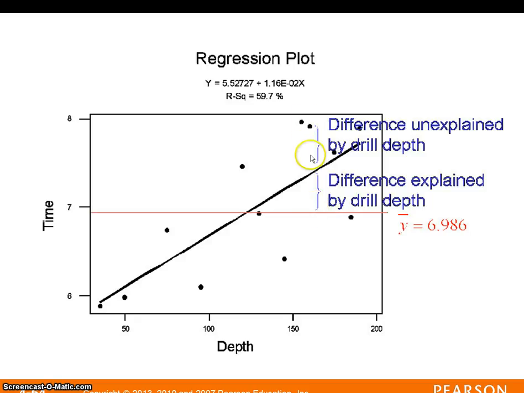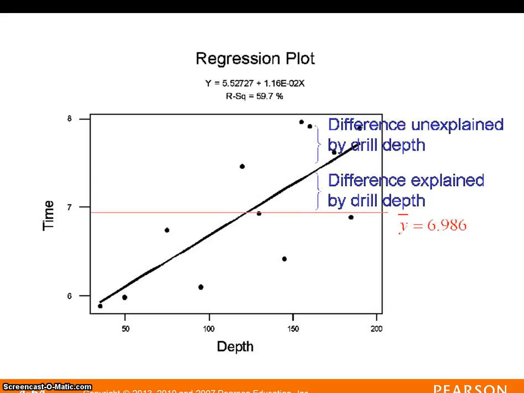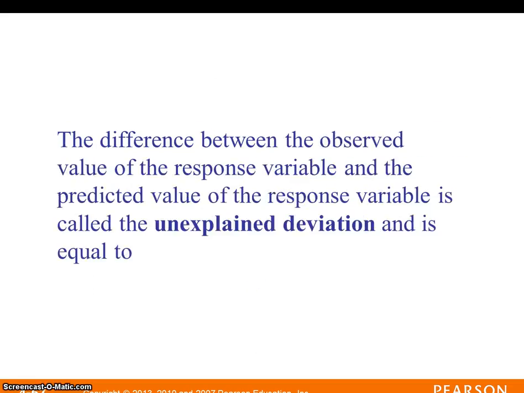The total variation is composed of the unexplained difference and the difference explained by the drill depth. The difference between the predicted value of the response variable and the mean value of the response variable is called the explained deviation. In other words, this distance here is the explained deviation. This is what's explained by the equation, but why this is different from what it should be by the predicted value, that's the unexplained deviation.